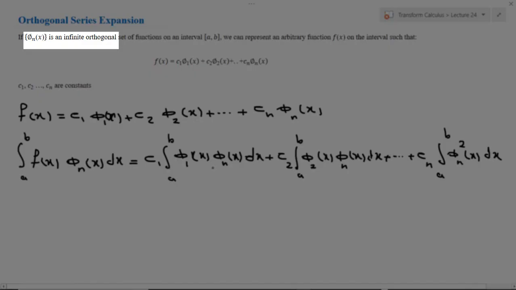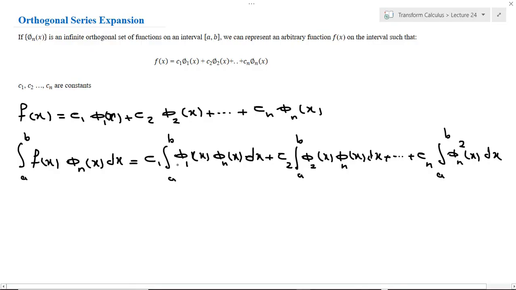I know that the set of functions phi n(x) is orthogonal. As a result, the integral from a to b phi 1 phi n is equal to 0. Integral phi 2 phi n on the range of a to b is equal to 0, and so on. The only thing left is the integral from a to b phi n squared (x) dx, which is the square of the norm of phi n.